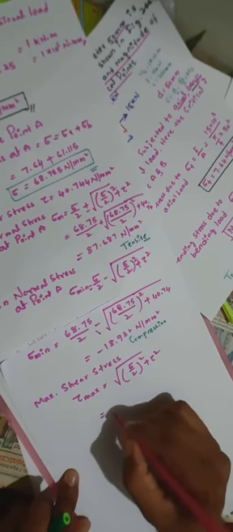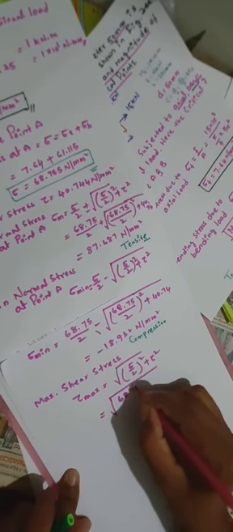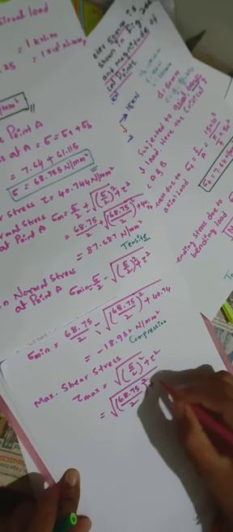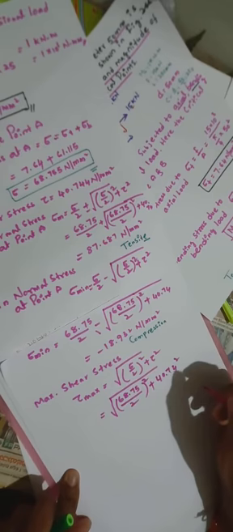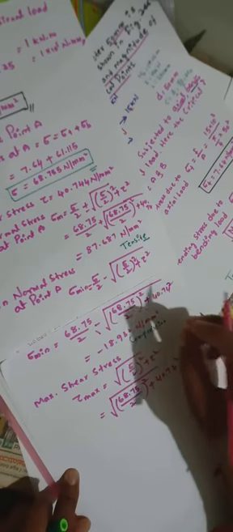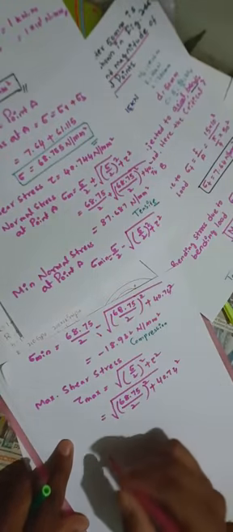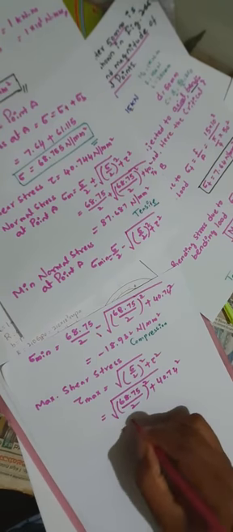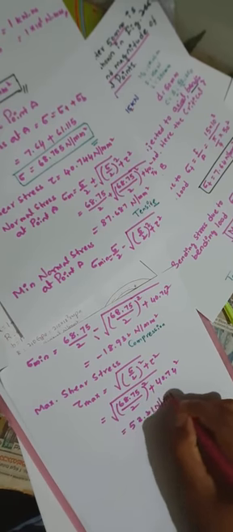Substitute all the values: 68.75 divided by 2 whole square plus 40.74 square. If you simplify this, you will get 53.31 Newton per mm square.